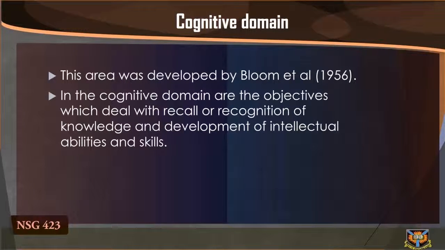Cognitive domain. This area was developed by Bloom et al., 1956. In the cognitive domain are the objectives which deal with recall or recognition of knowledge and development of intellectual abilities and skills.